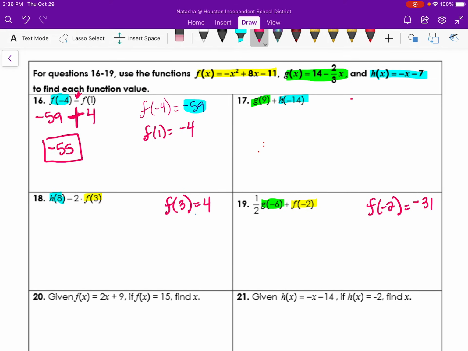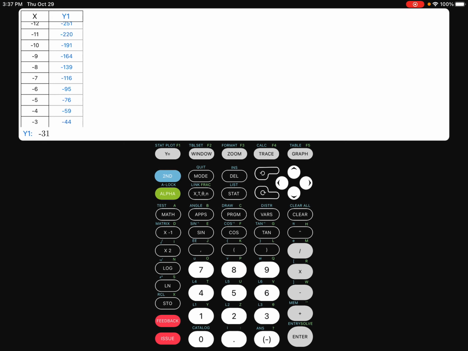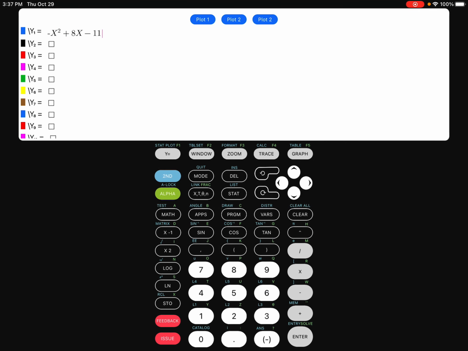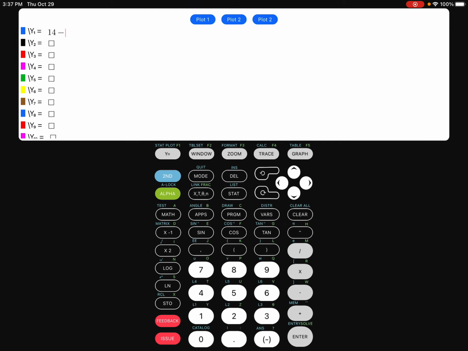Then I'm going to do g of x. So g of x is going to be negative 14 minus 2 thirds x. So I go back to y equals and clear my previous equation. That's going to give me negative 14 minus, and then mine doesn't really have a fraction button. I had trouble getting it to work. Nope, it won't work on here. So since it's a fraction, I'm just going to do 2 divided by 3, put it in parentheses, and then put my x.